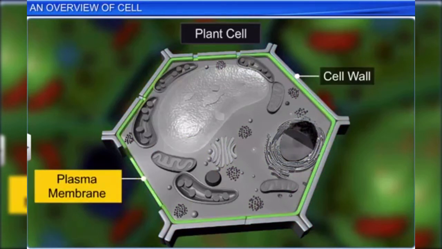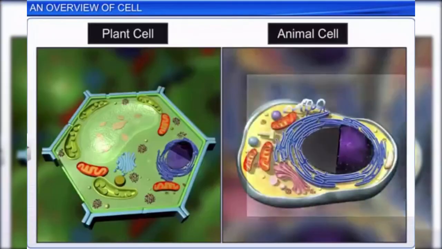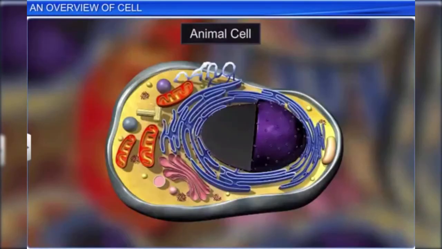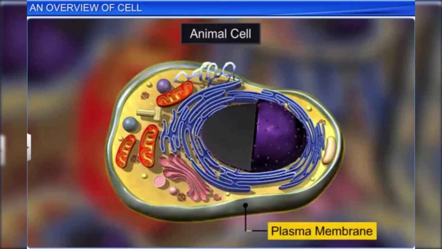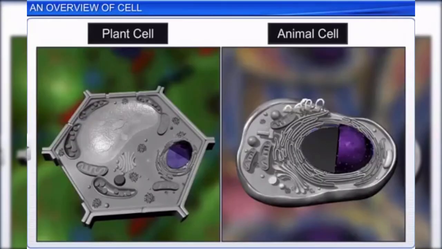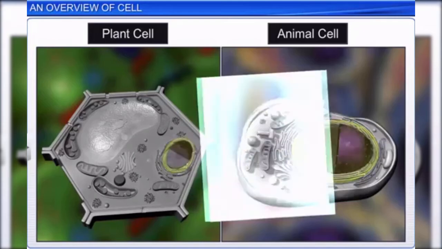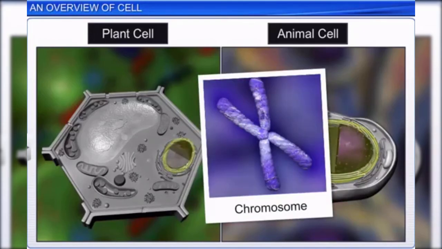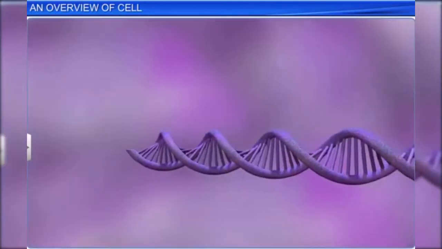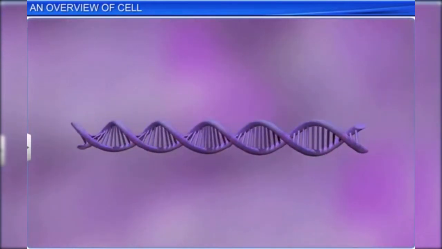Whereas an animal cell lacks a cell wall and has a plasma membrane instead that forms the outer cell boundary. Both animal and plant cells have a dense and spherical structure called the nucleus, which contains thread-like structures called chromosomes. Each chromosome is made of deoxyribonucleic acid or DNA, which stores the genetic information of the organism.